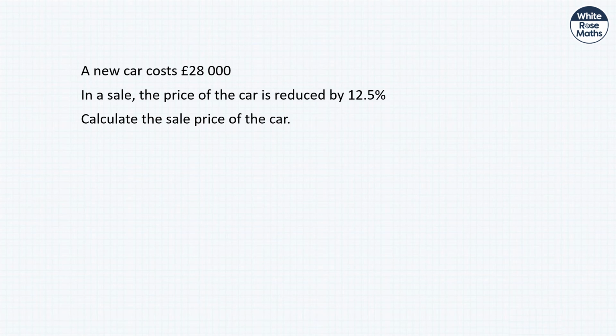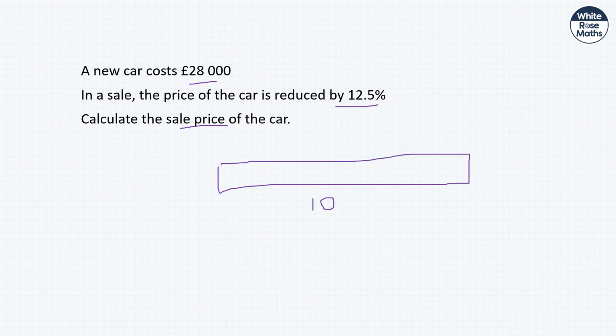There we go. A new car costs £28,000. In a sale, the price of the car is reduced by 12.5%. Calculate the sale price of the car. So I'm going to be careful here. I'll do it like a little bar model. I've got 100% here, guys.